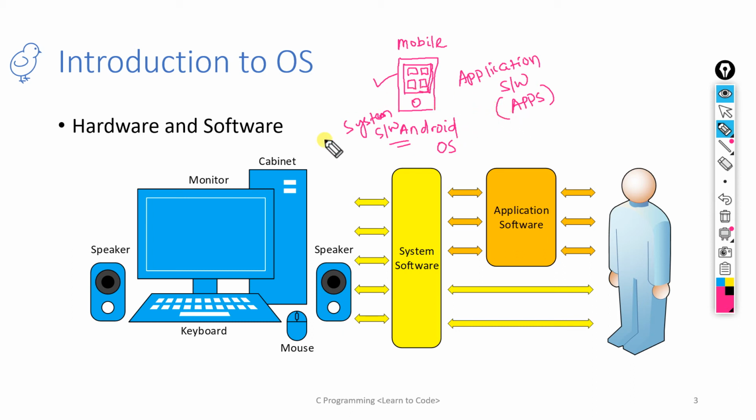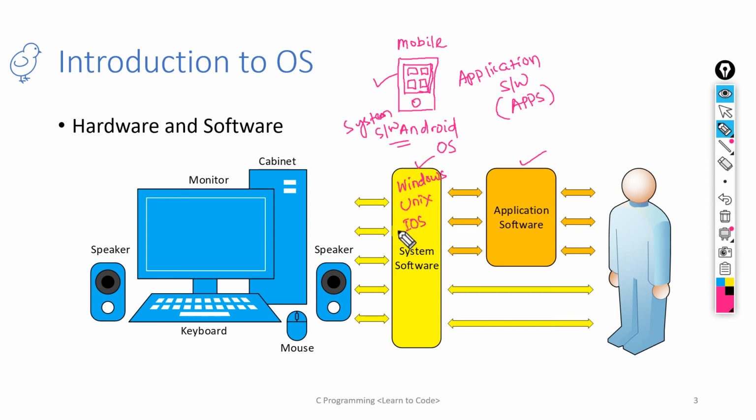And when you think about a computer system, the computer also has two types of software. One is called system software, the second is called application software. System software is nothing but your Windows operating system, right, and your Unix operating system, or you can say the iOS operating system.